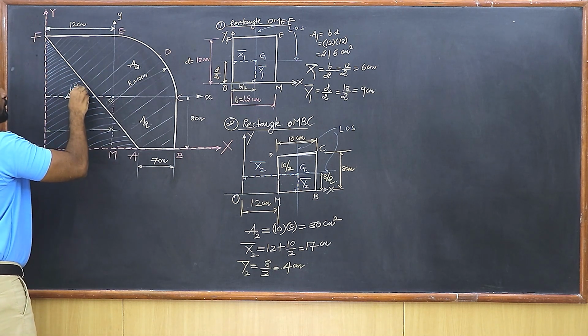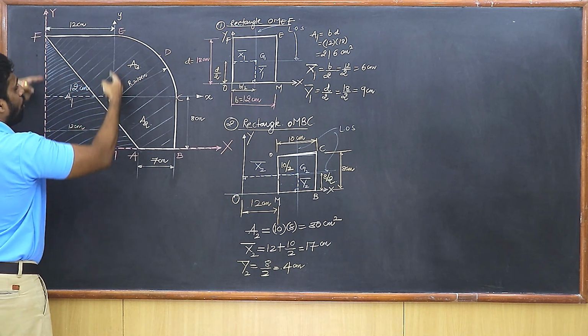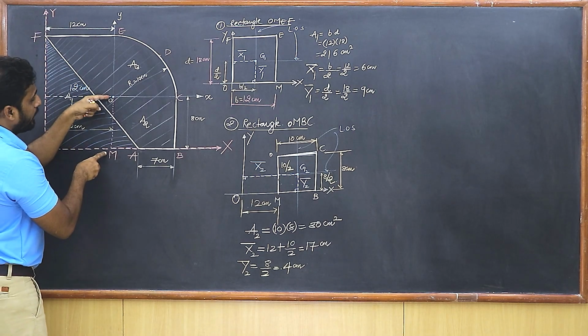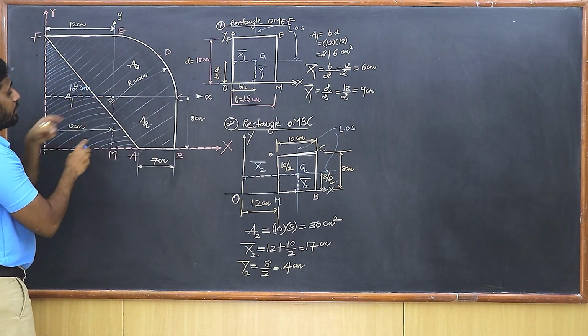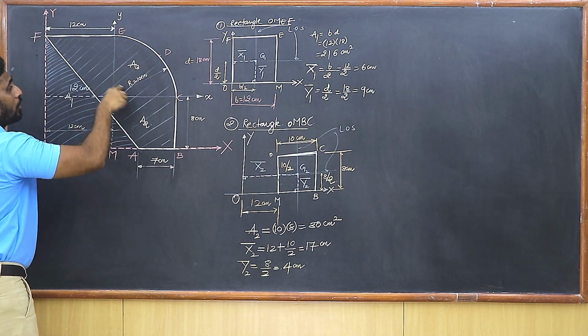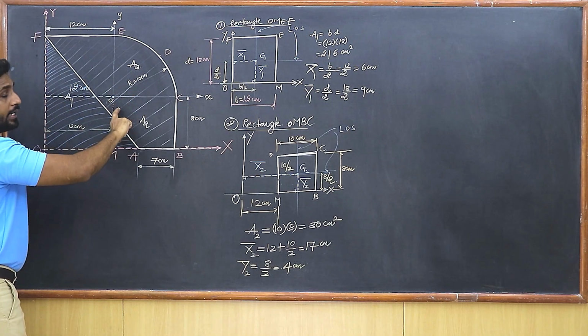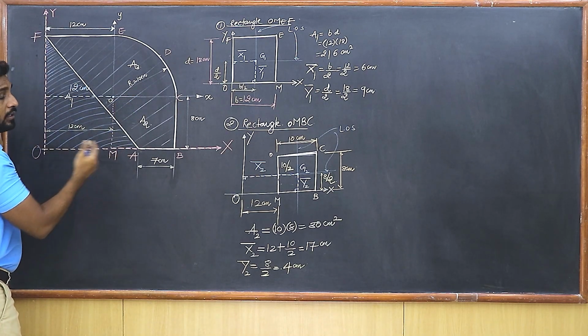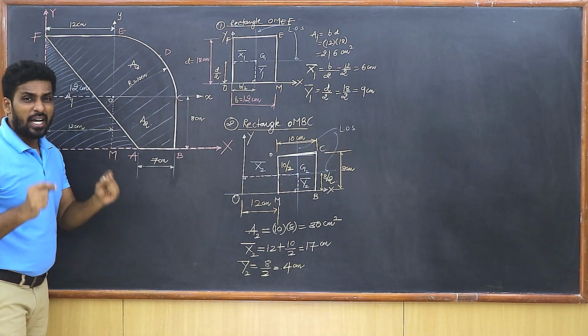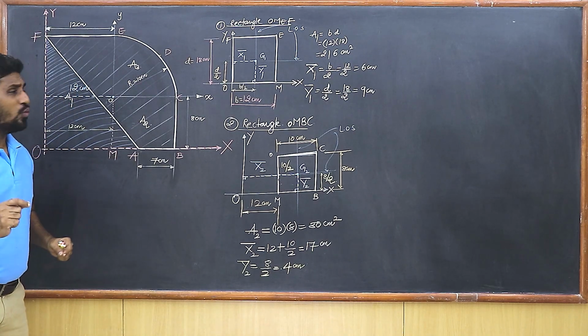And look at the vertical distance, it is 8 centimeter. That means your quarter circle is placed at a distance of 12 and 8 centimeter from the y-axis and the x-axis. This is a very important information you should always be having.